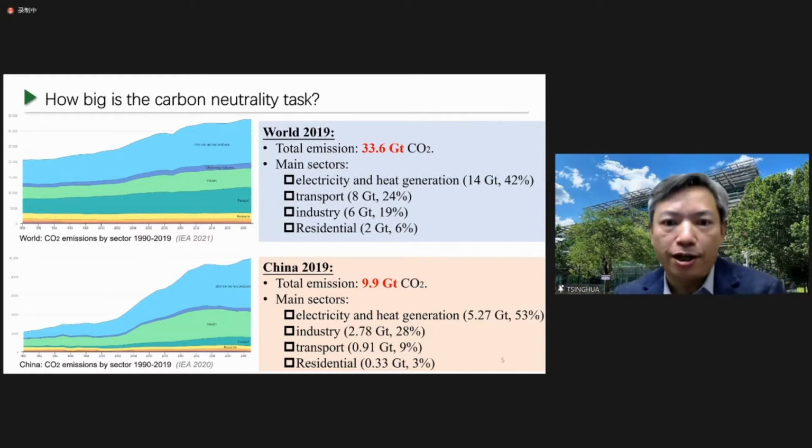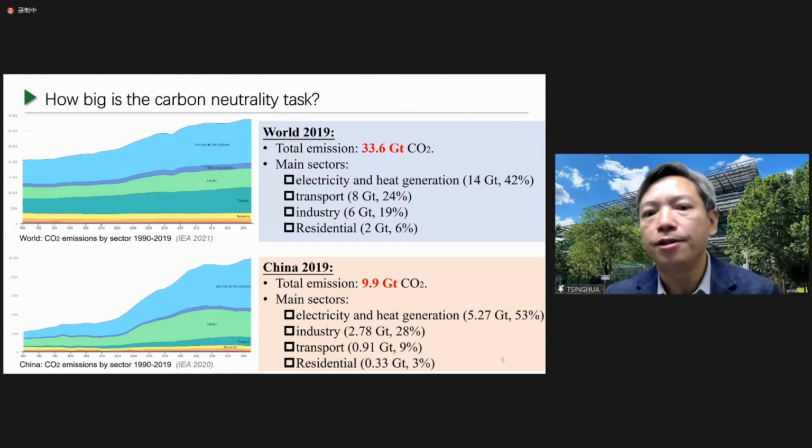Therefore, we don't really need to think much to understand that these sectors will be the focuses for mitigation, and the scale of CO2 reduction is on the magnitude order of dozens of gigatons, which is a huge task facing us.